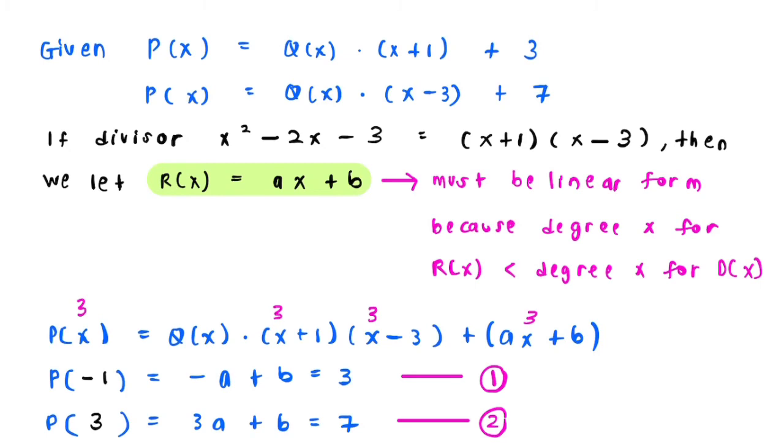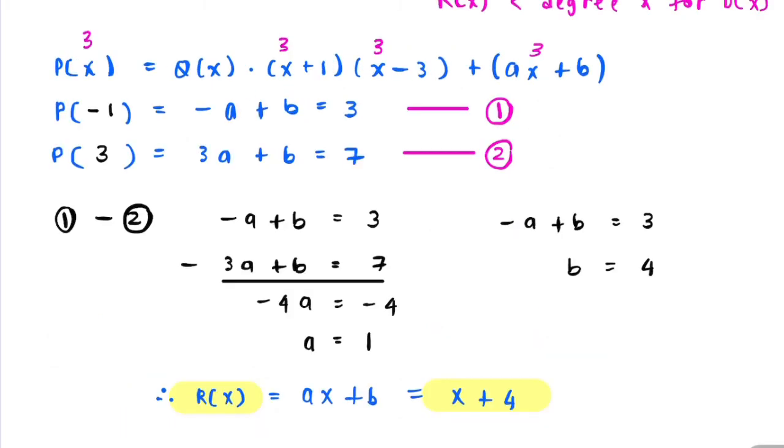So how to solve? Just subtract these two equations, 1 minus 2. The first one is negative a plus b equal to 3. The second one is 3a plus b equal to 7. If you subtract these two, you will have negative a minus 3a, which is negative 4a. b minus b cancels out to 0. 3 minus 7 is negative 4. So your a will be 1. So how to find b?